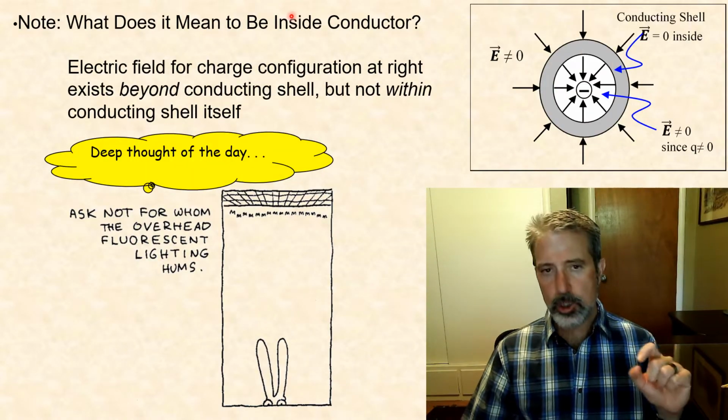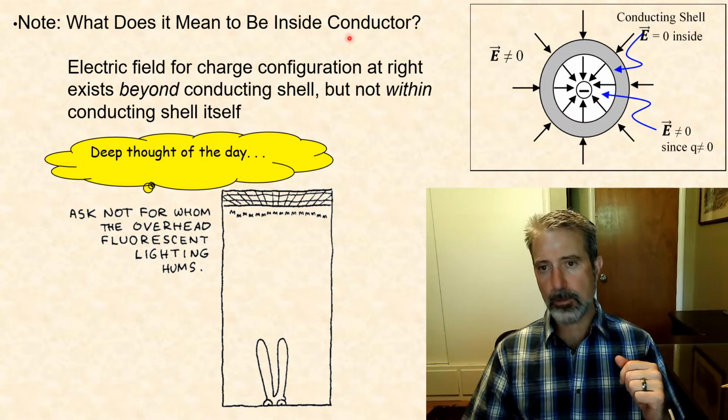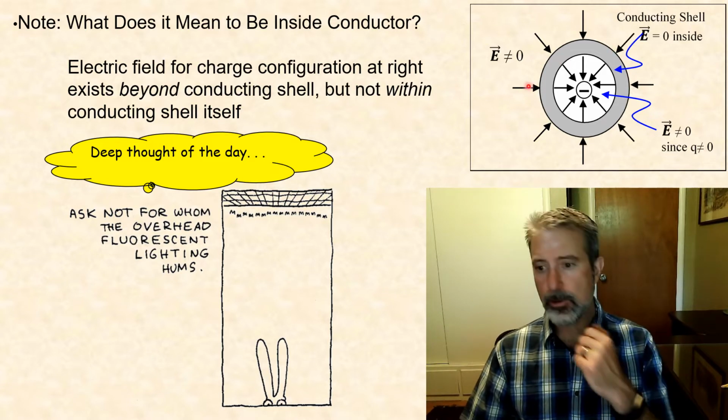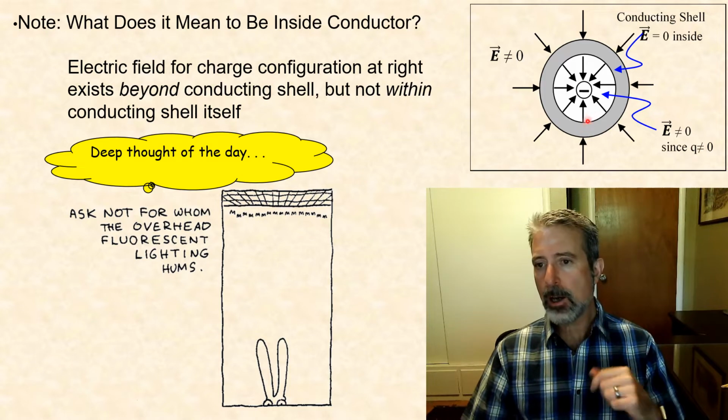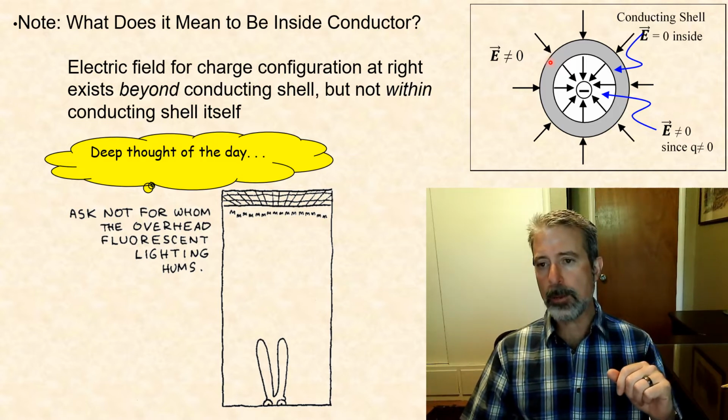So in this slide, I just want to clarify what it means to be inside the conductor, and we'll do this through an example. If you take a look at the diagram on the right-hand portion of the screen, the conductor is the gray part you see. Let's assume that is a metal, for example.